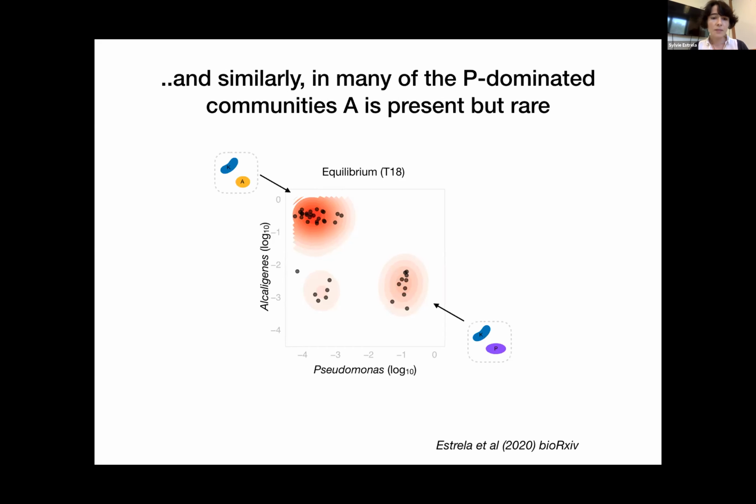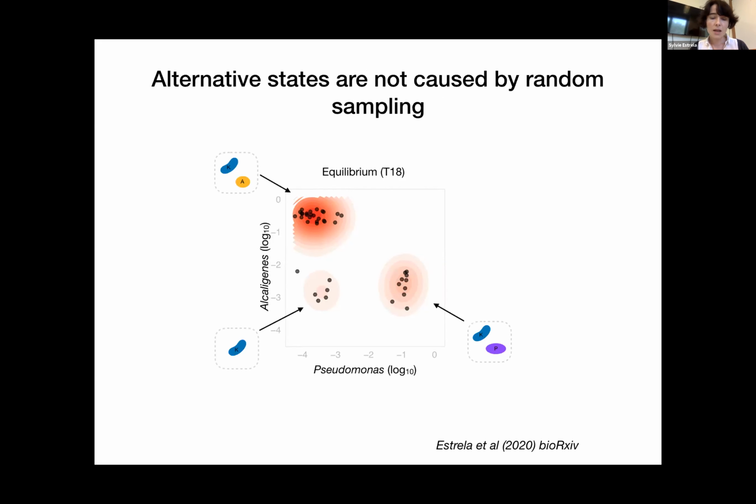And similarly, in many of the P-dominated communities, A is still there, but it is rare. And we also identified a third state where they are both rare. This suggests that the alternative states we observe are generally not caused by random sampling from the initial species pool, and they are also not due to extinction of those taxa during the passaging.